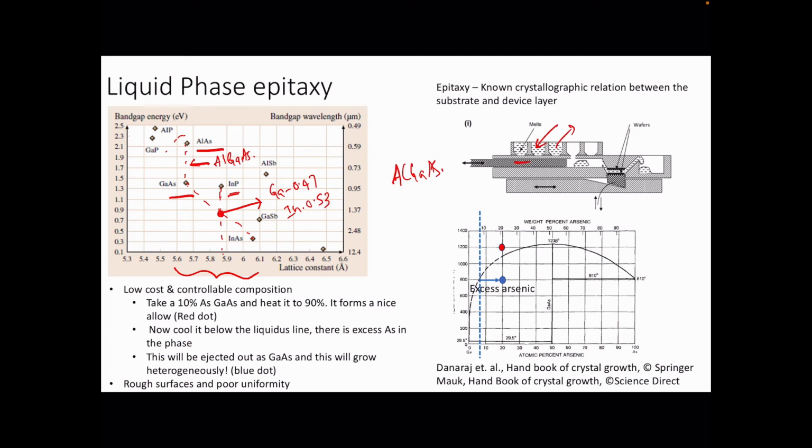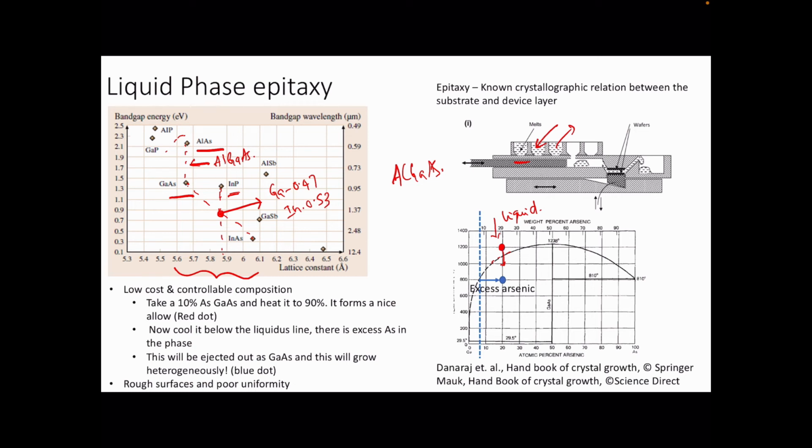So let's say you are at this point. So this is a liquid phase. Here you have a liquid phase, and below this line you have a solid phase, right? So you take this region, melt it above the liquidus line, and if you introduce a substrate, very close to the substrate of course the temperature will drop, and then you will deposit a solid material there.